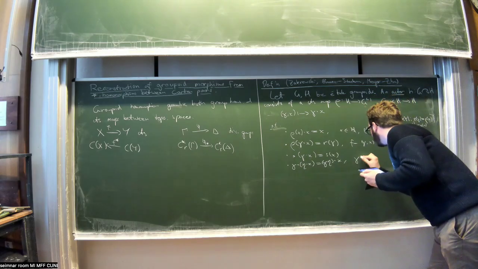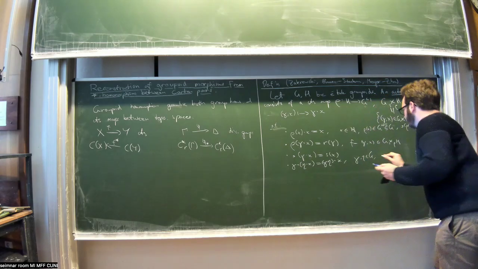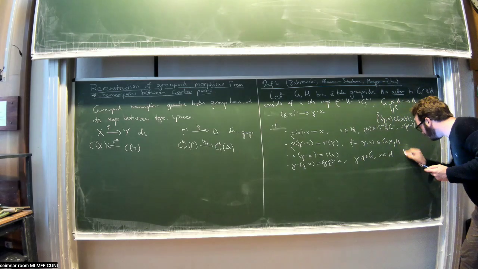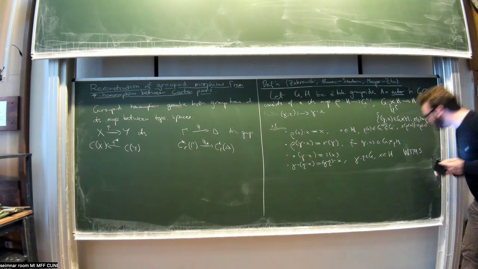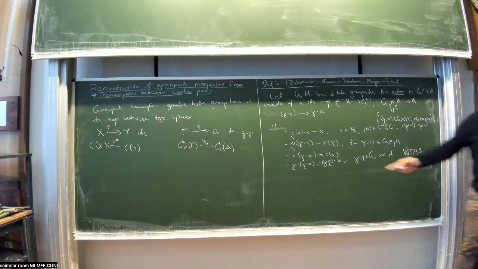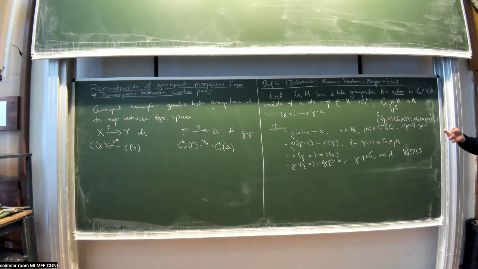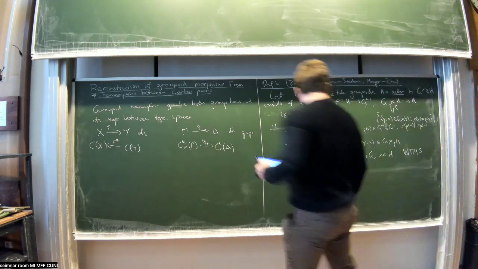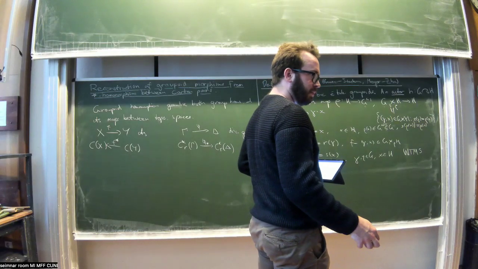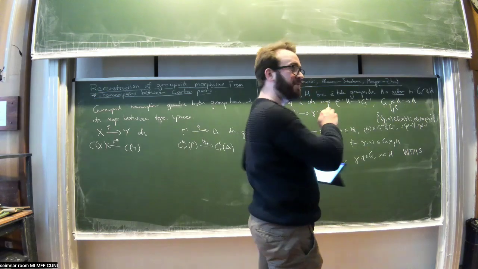And this is for gamma and eta in G and x in H. And this is where I introduce a little bit of terminology, WTMS, which means where this makes sense. So these maps are partially defined, so this isn't always a sensical equation, but when it does make sense, it should hold. So far, but I'm not done.